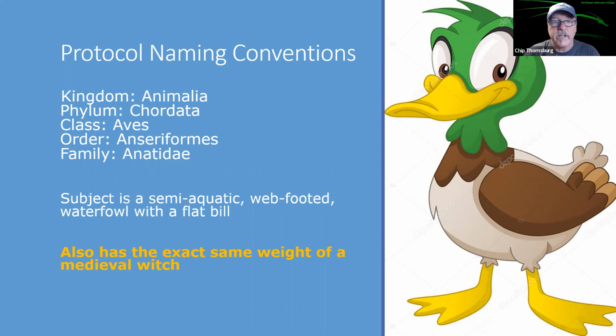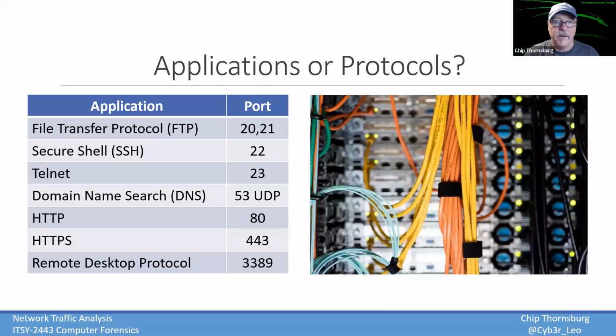As we're talking about these protocols, we kind of interchange application and protocol. I tend to use the term protocol, but many of you are going to recognize and say, hey, wait, that's an application. It's okay. It's just a confusing thing that we have in this particular field of study.